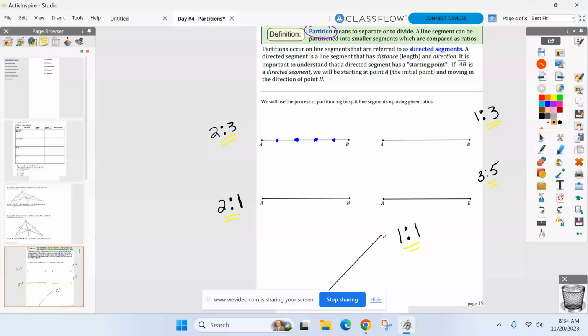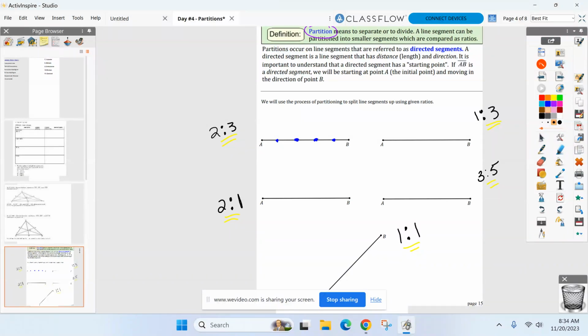So everyone's got something that looks like 5 equal line segments. Now, you had point A and point B. You just added 4 points on your own. Now you have 6 points up there. Can you draw an arrow to the one that would break it up into 2 to 3?